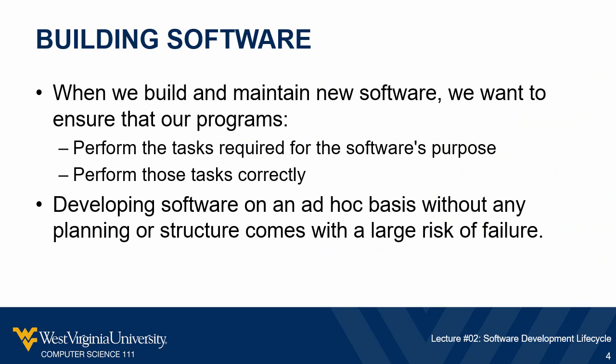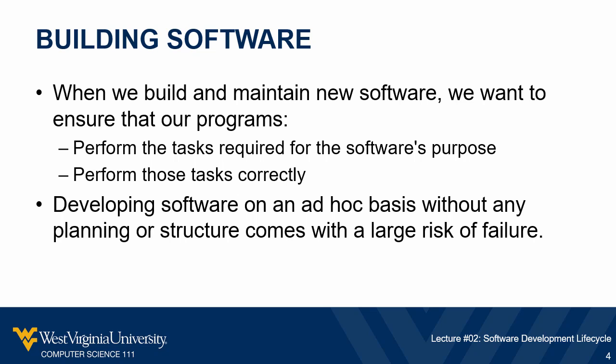So when we write programs, generally there's some sort of purpose that we have in mind for the program. Even if it's something that we're going to code for fun, we want our program to do something. We have some sort of idea of what it's intended to do. If we're writing a program that is intended for a business application, we can be sure that there is something that it is specifically supposed to do.